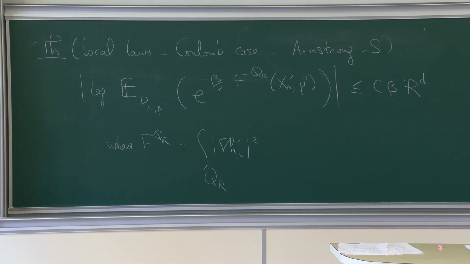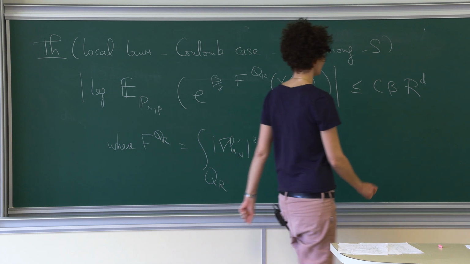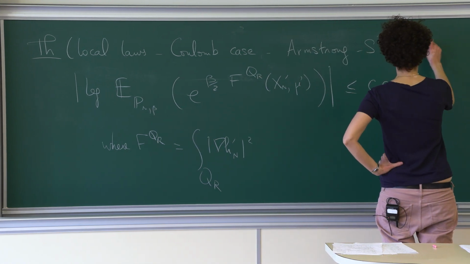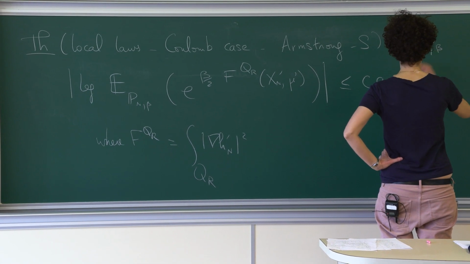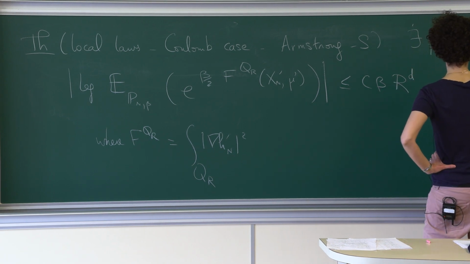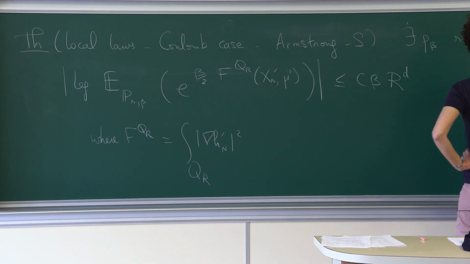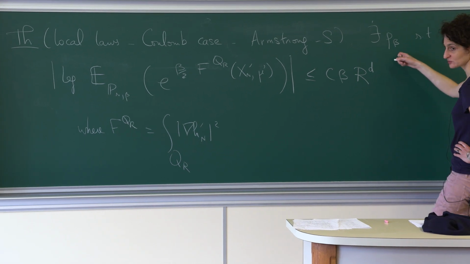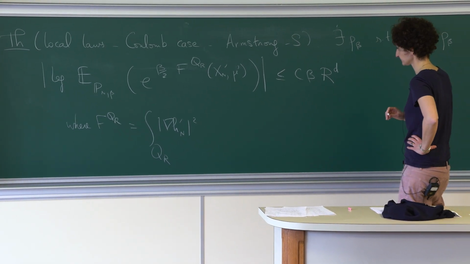So this is true, I should say, for which r. There exists a rho_beta such that for every r bigger than rho_beta, so it depends only on beta, not on n.